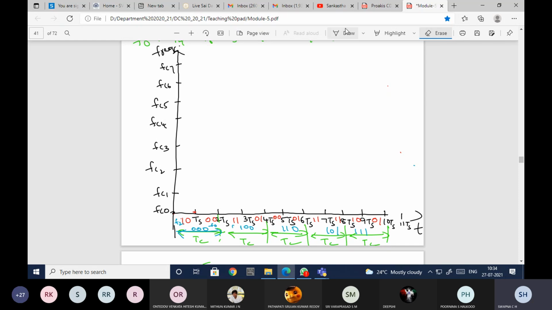Whatever frequencies I am allotting now are with respect to the symbols: for this F3, for this F1, for this F0, for this F1, for this F3, this F3, for this F2, 0, 1 is F1.